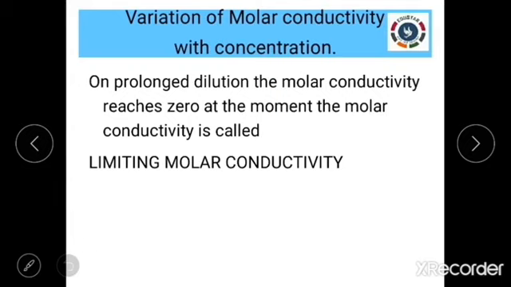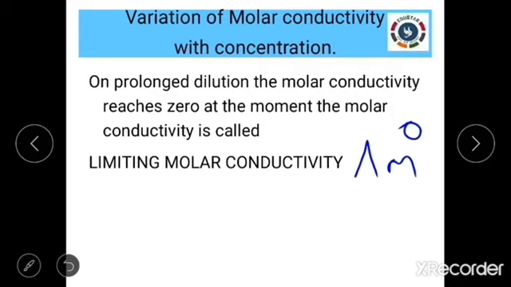If we continue the dilution for a long time, on prolonged dilution, this molar conductivity reaches a value of 0. At that particular 0 value, the molar conductivity is said to be limiting molar conductivity. It is indicated by lambda m0.